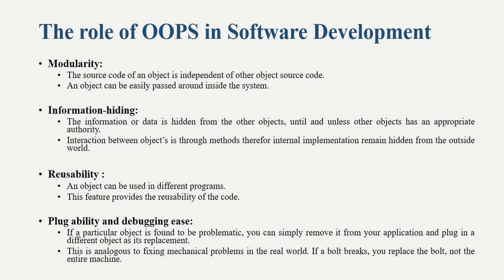Or you can even replace one of the objects with another object. This is what we call modularity. So there's independence between the objects. You can move an object inside the system, take it out, replace it, delete it, do whatever you want. This is a very interesting property in the object-oriented structure.